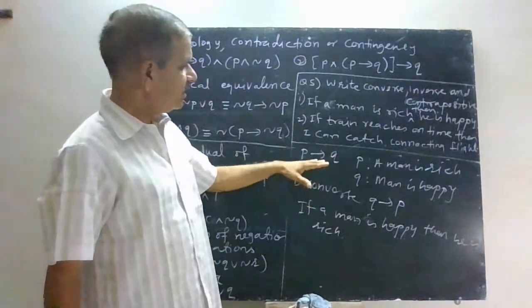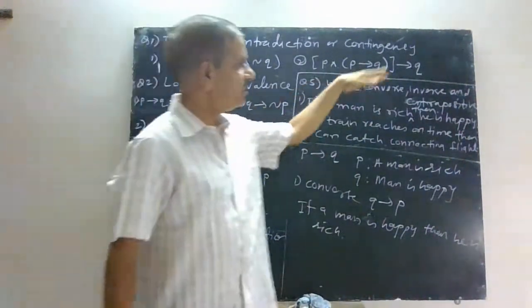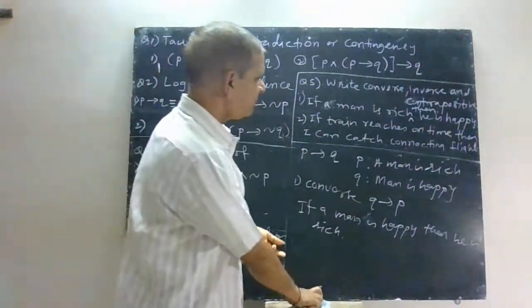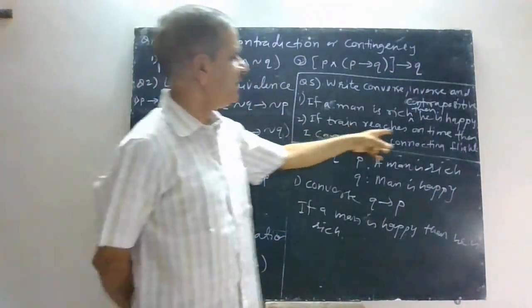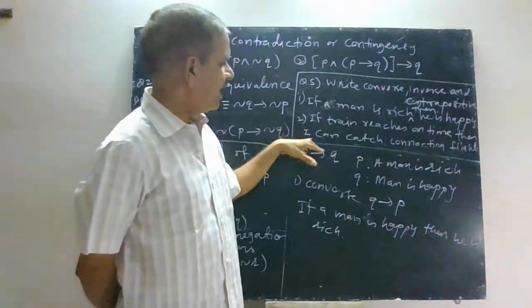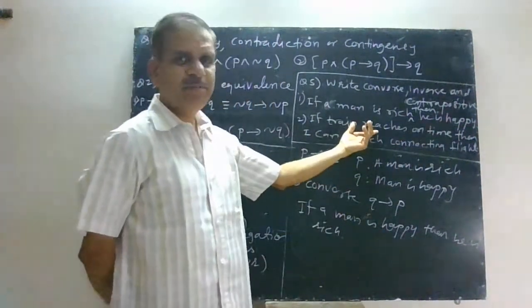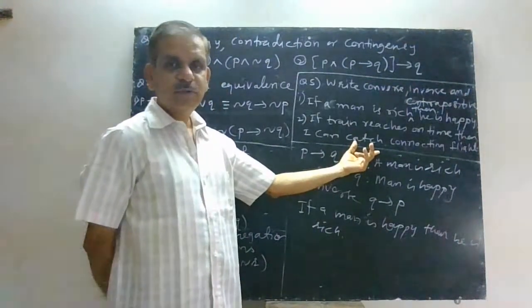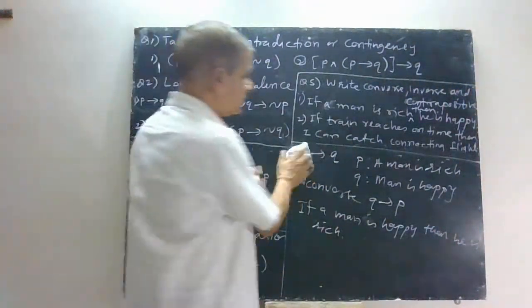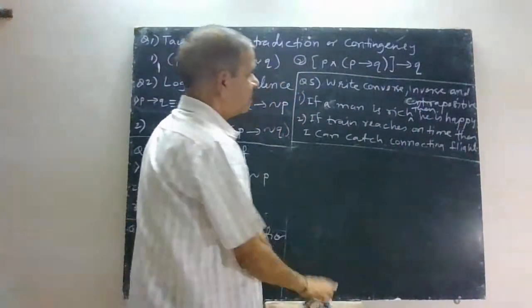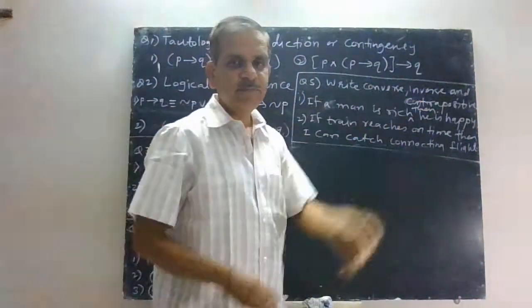So in this way, the converse, inverse and contrapositive you can write. Now you have one more statement, if train reaches on time, then I can catch connecting flight. So this will be your statement P, and this will be your statement Q. So once you know statements P and Q, you can write down the converse, inverse and contrapositive.